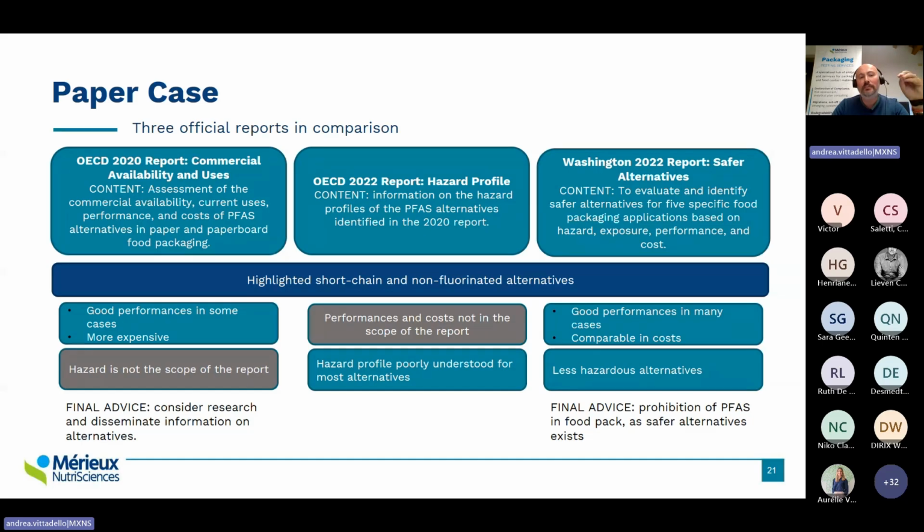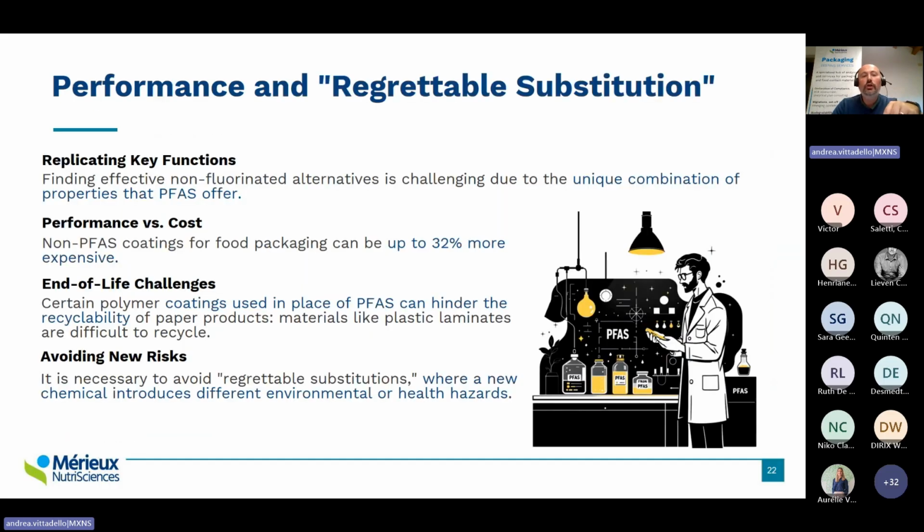What does it mean? That in the years when they wrote this report, which was 4 years ago and 2 years ago, a clear perspective of alternatives was not so clear, because there are 4 big pillars on the regrettable substitution. You have to replicate the key function, and it's very difficult to substitute the PFAS. The cost is related to and correlated with the performance.